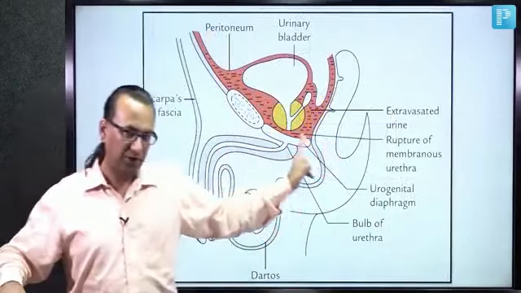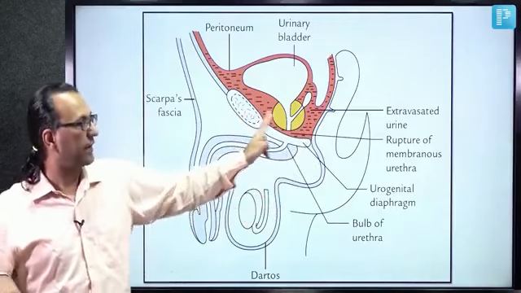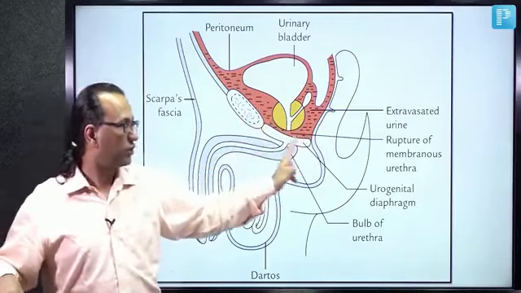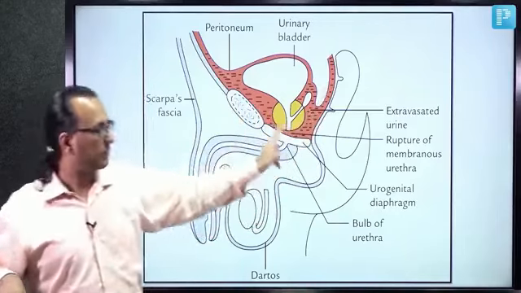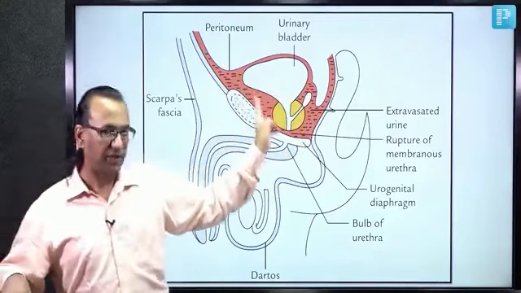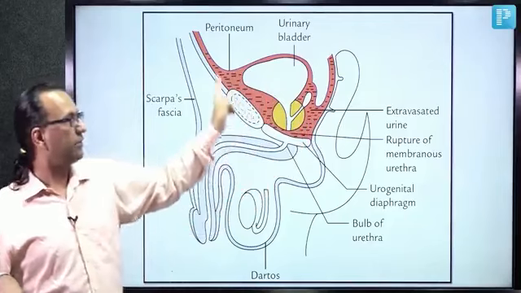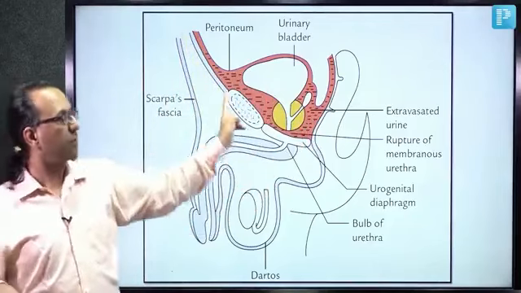Here it is a pelvic fracture leading to rupture of the membranous urethra due to pull of the puboprostatic ligament. The membranous urethra has been ruptured and the urine will be in the perivesical space around the urinary bladder, also in the retropubic space of Retzius and extending into the anterior abdominal wall, but deep to the external oblique muscle attaching to the pubic bone.